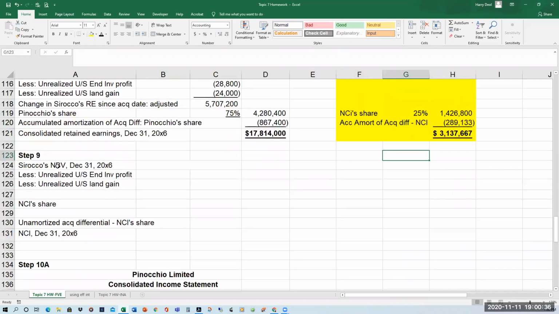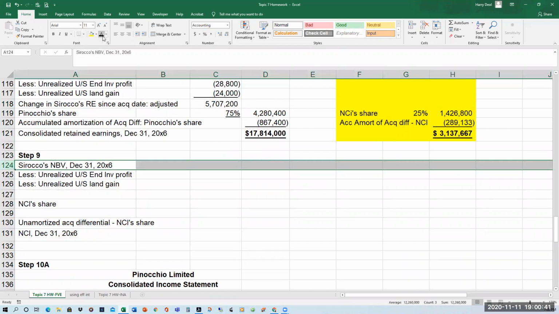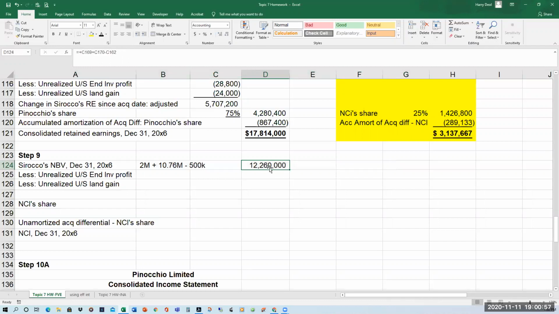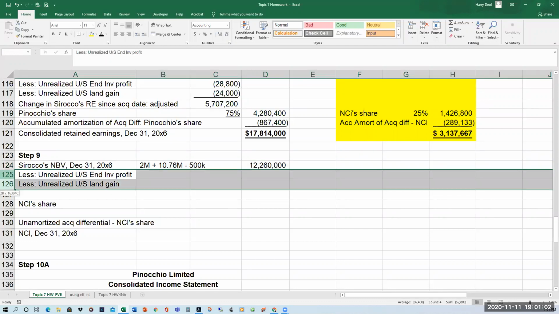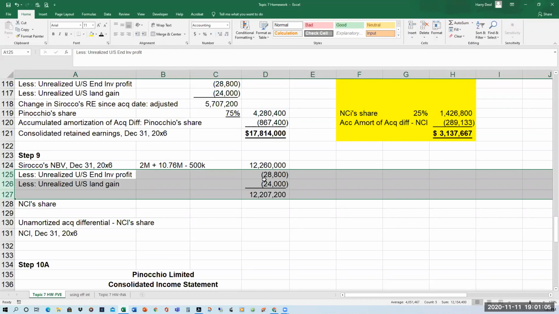or alternatively, you could calculate NCI using the net book value of Sirocco on December 31st, 2006. The net book value of Sirocco Company on December 31st, 2006. You'll add the common shares to the retained earnings, and remember to minus the goodwill that still exists on the books of Sirocco. That gives you 12,260,000. Adjust for the unrealized upstream profit numbers, 28,800 for the ending inventory profit and $24,000 for the unrealized land gain.